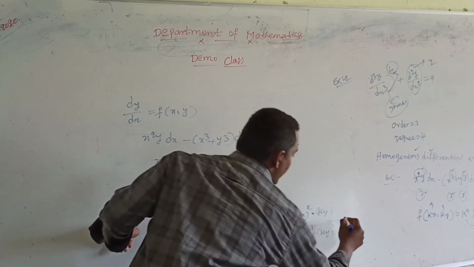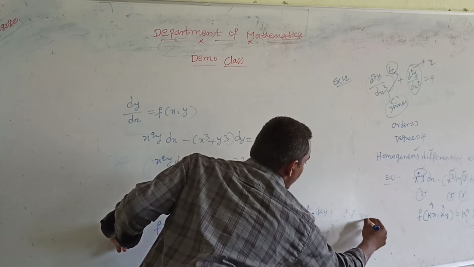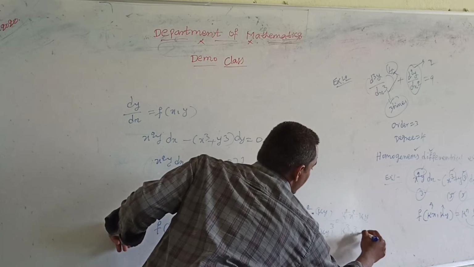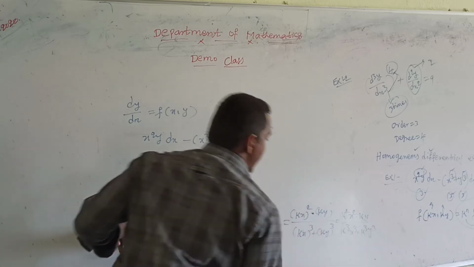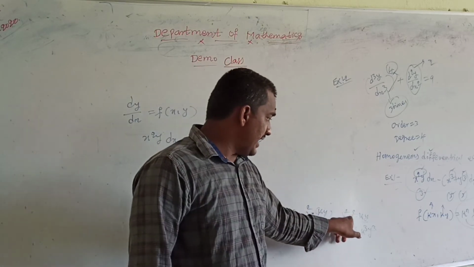Here we will get k square x square dot ky over k cube x cube plus k cube y cube. I am writing those terms here. See, here k square into k.